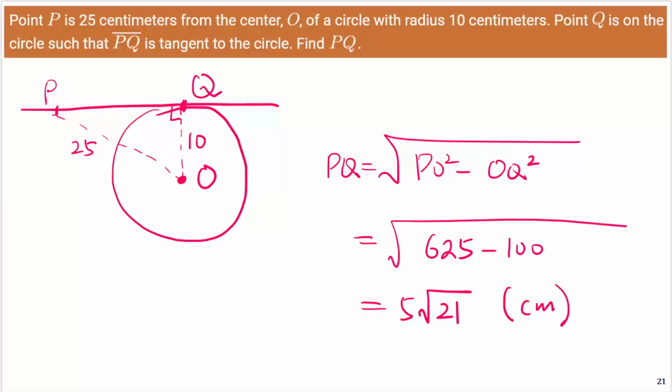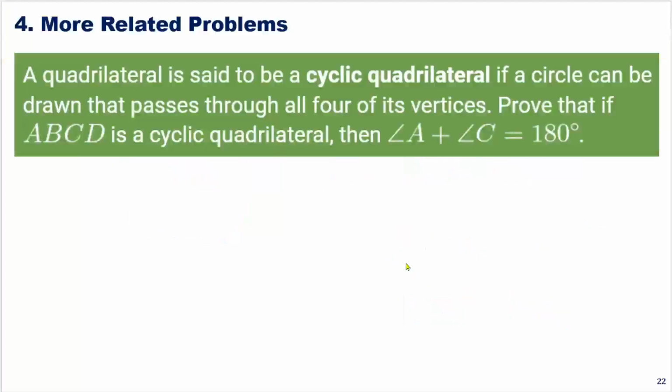Okay, then if no questions, let's have a look at more related problems to angles inside and outside of a circle. So let's consider this question here. A quadrilateral is said to be a cyclic quadrilateral if a circle can be drawn that passes through all 4 of its vertices. Can you prove that if ABCD is a cyclic quadrilateral, then angle A plus angle C is 180 degrees?